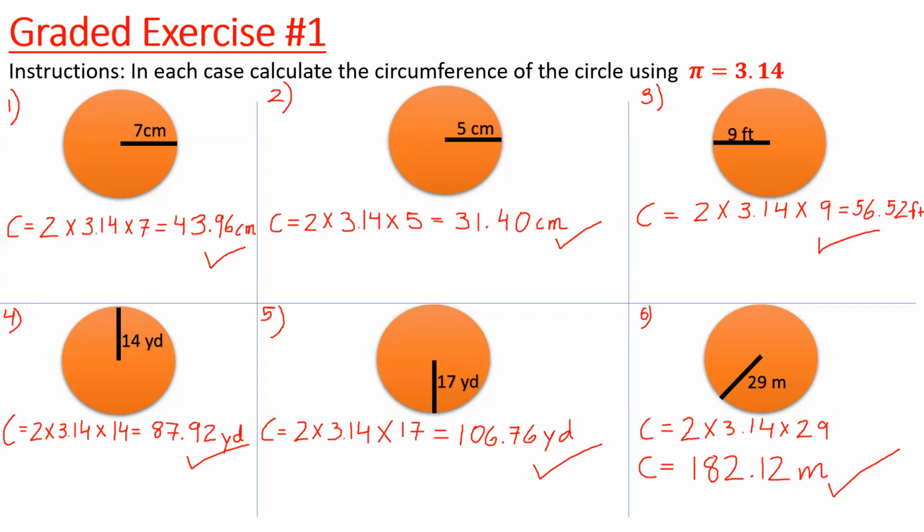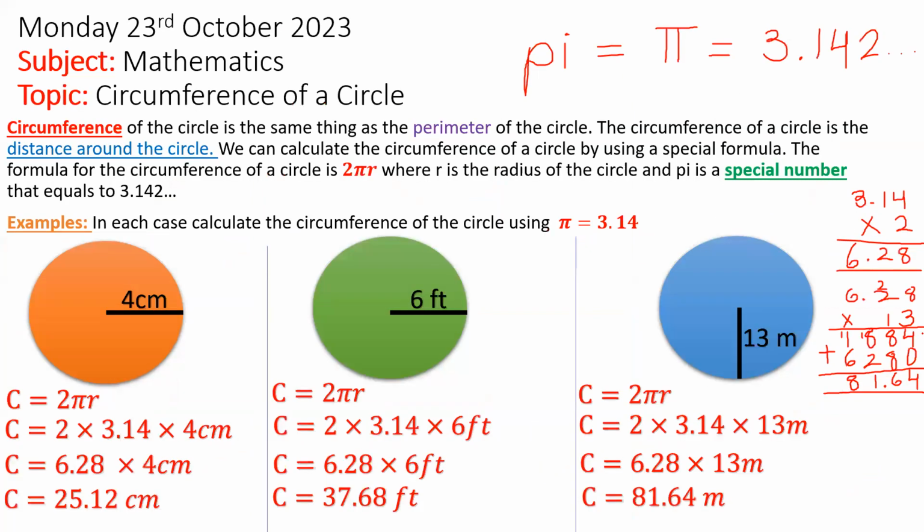Remember when we did it? When we finish multiplying by 3, you put the placeholder 0, and then we multiply by the 1. So be careful of that.